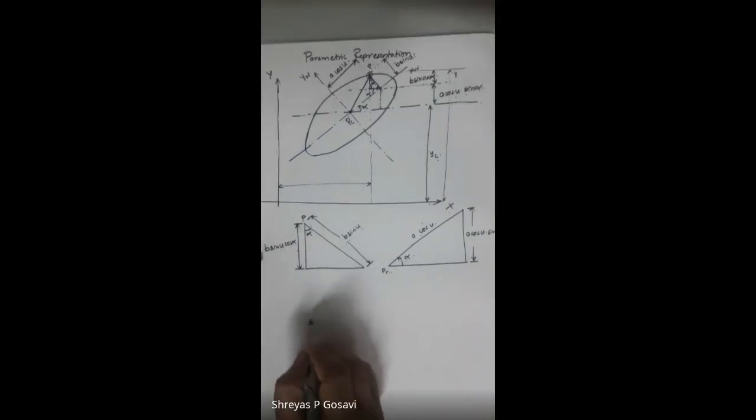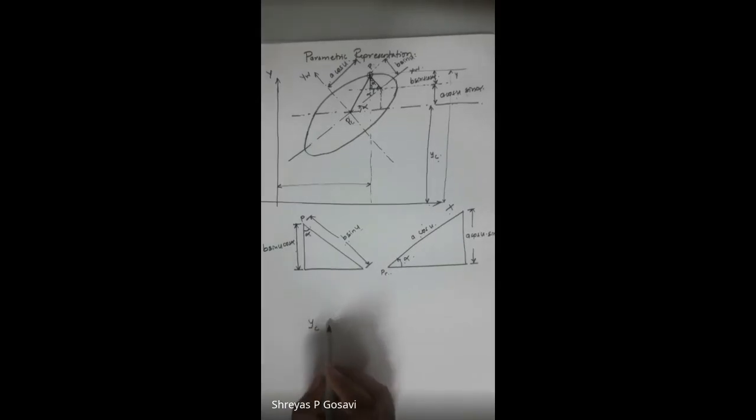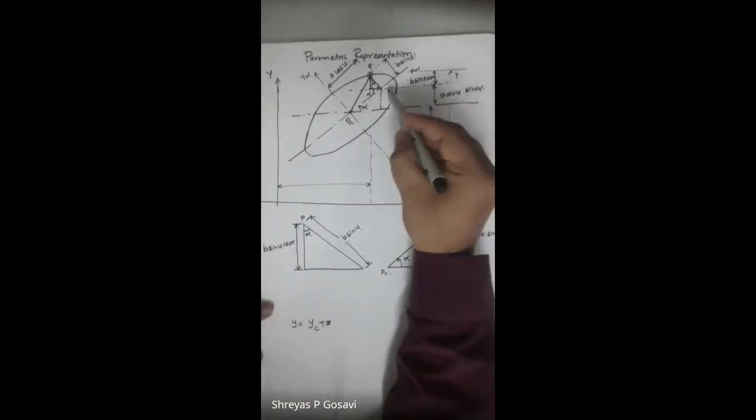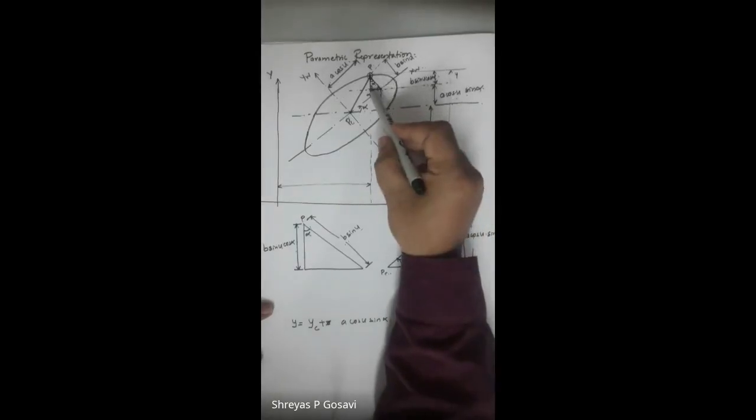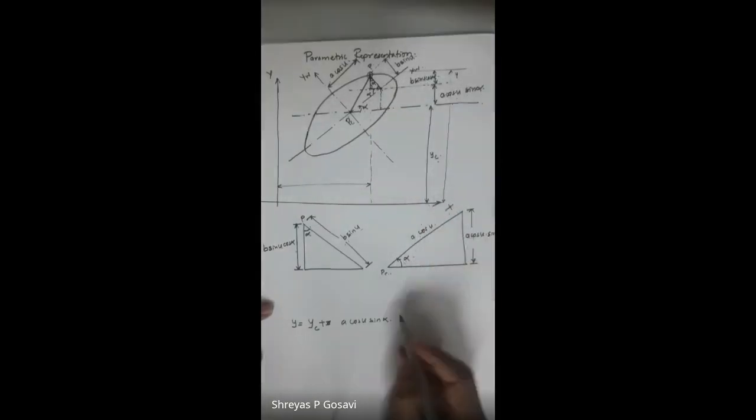So we have determined first the y coordinate of this point, which is equal to yc plus a cos u into sine alpha, the vertical distance, plus this vertical distance again, b sine u into cos of alpha.